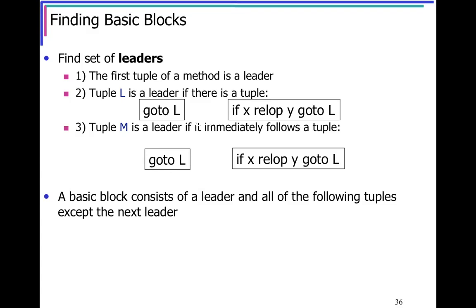So an instruction is a leader if it is the target of a branch or a jump. And third, an instruction is a leader if it immediately follows a branch or a jump. So a basic block consists of a leader and all of the following instructions up to the next leader.